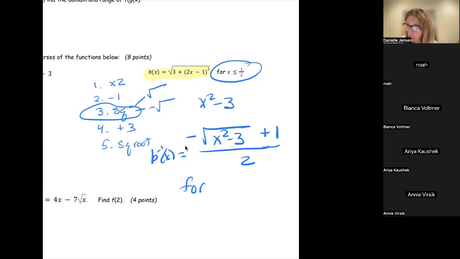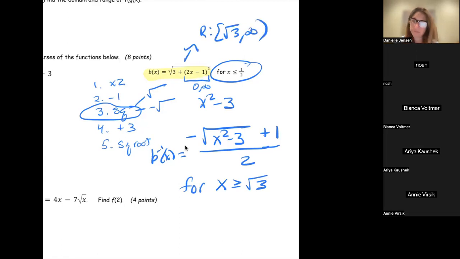You're right, the smallest this piece could be is 0, and then it's going to get huge. So the smallest coming out of the square root would be what? √3, and then big. So you're going to say x greater than or equal to √3, right? Because the range of this original function is √3 to infinity. So to find domain restrictions, just ignore your new equation and find the range of the old one. Yes, exactly. Thank you.